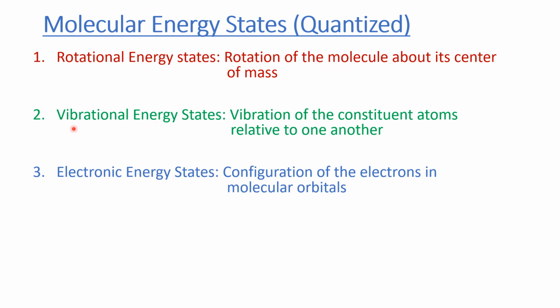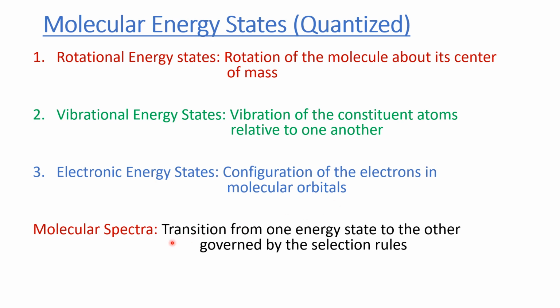We have the vibrational energy state, obtained as a result of the vibration of the constituent atoms relative to one another. And we have the electronic energy state, which arises because of the configuration of the electrons in different molecular orbitals.